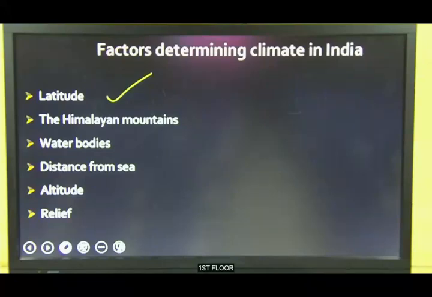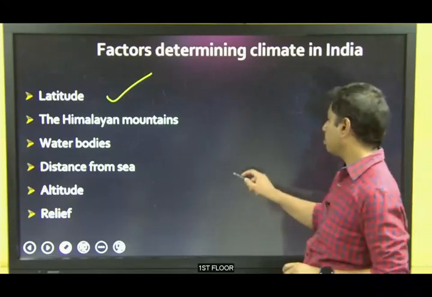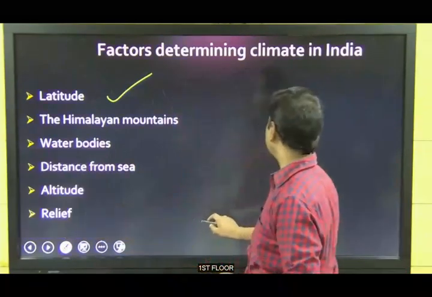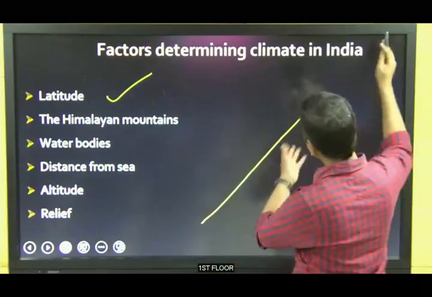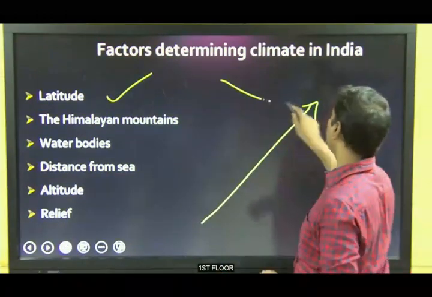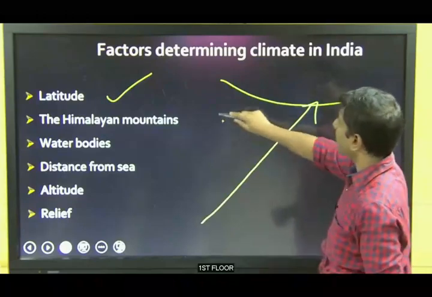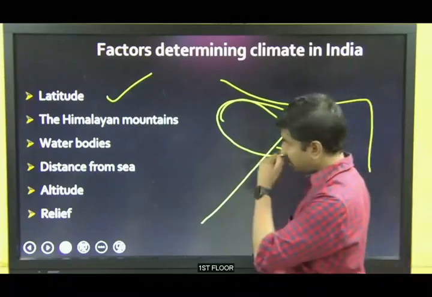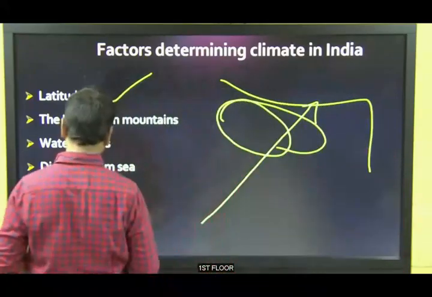And then Himalaya also acts as a monsoon trap. When the southwest monsoon wind comes from the southern aspect, Himalaya blocks that. Otherwise, this monsoon wind will go into the Tibetan side. So Himalaya is blocking the monsoon wind and providing rainfall to the Gangetic Plain region. So Himalayas act in two ways.